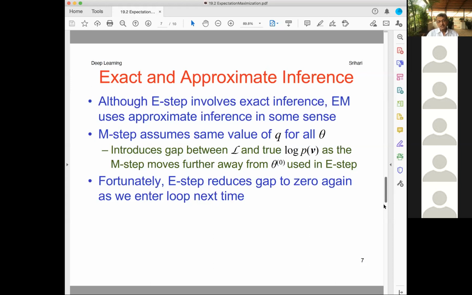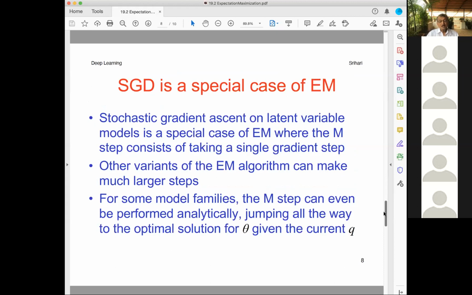So where is the approximate inference? The first step involves the exact value, so there's no approximation on the inference. But in the second step, we're saying move theta, so there is some approximation. It seems like an impractical algorithm because the first step says calculate P. But this gives you some insights.